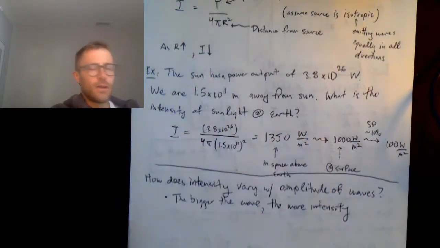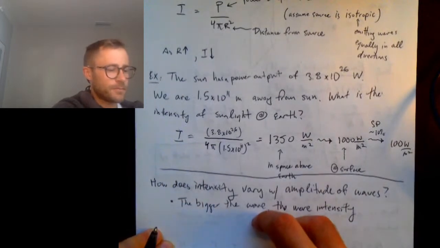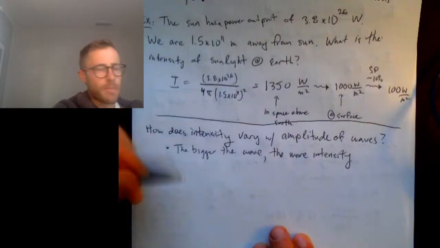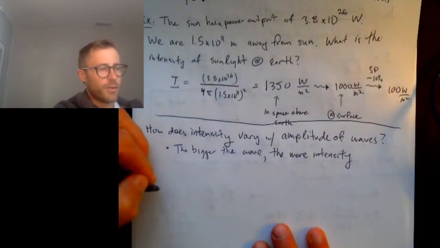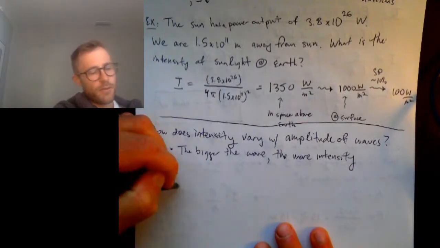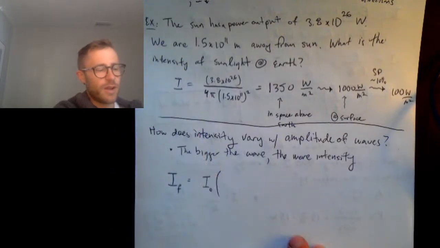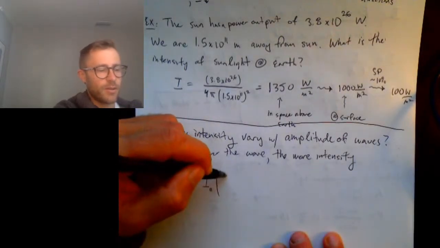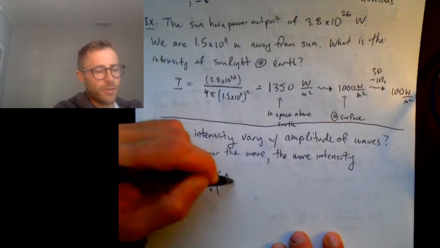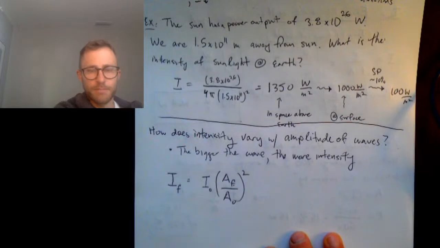Okay. So let's show how this works. There's a nice formula. It says that the final intensity is the original intensity times the final amplitude divided by the initial amplitude, squared.